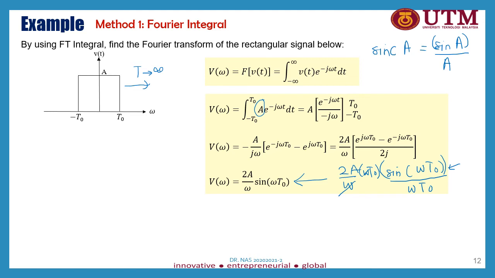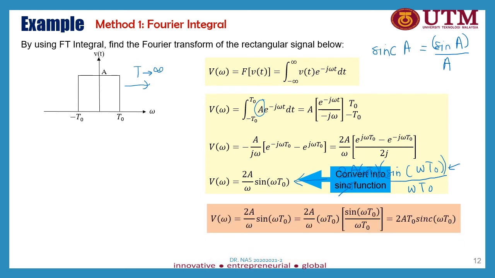So the Fourier transform of the rectangular signal is equal to 2A t naught times sinc of omega t naught. Since this equation is already in sinc, you introduce this and need to multiply with the same function.